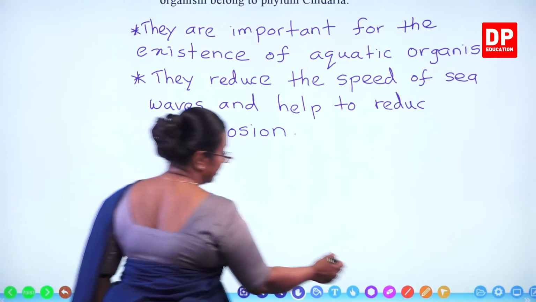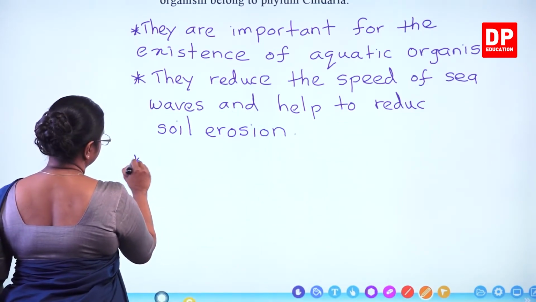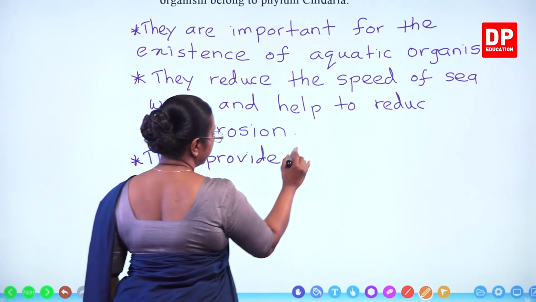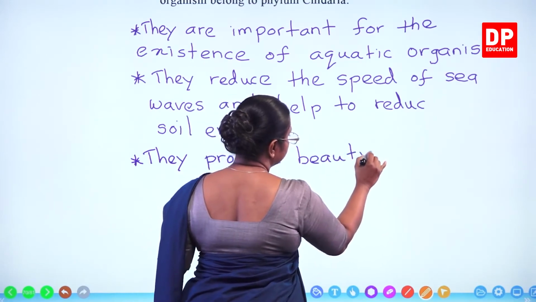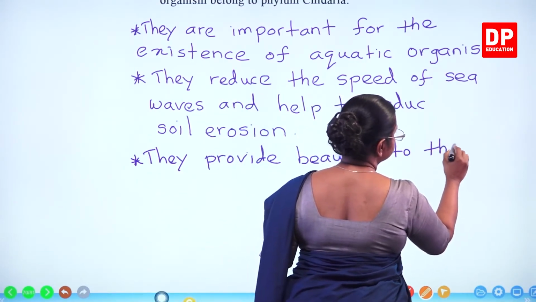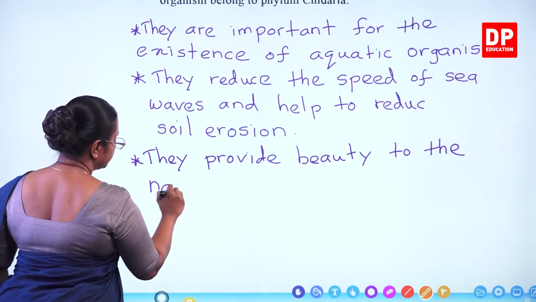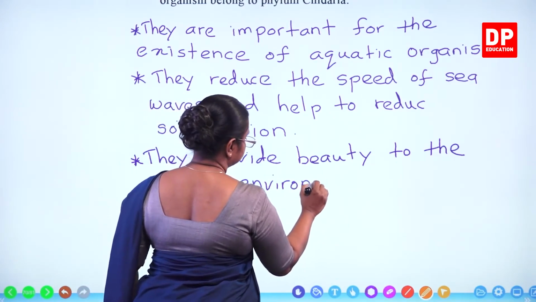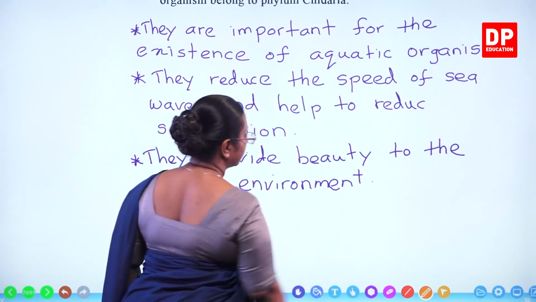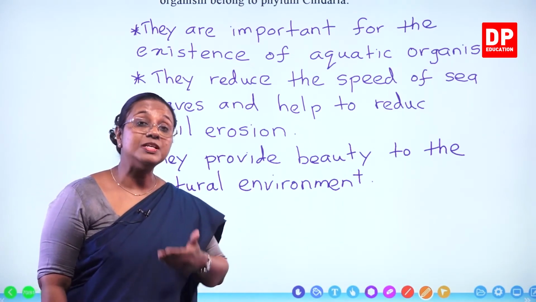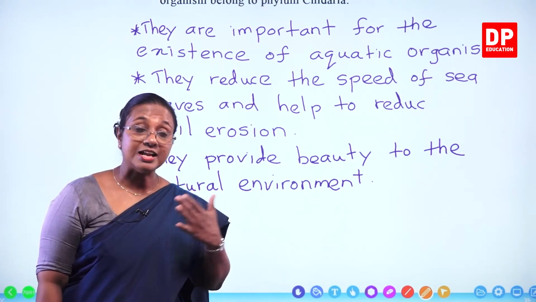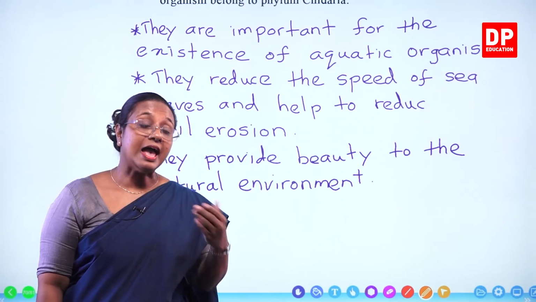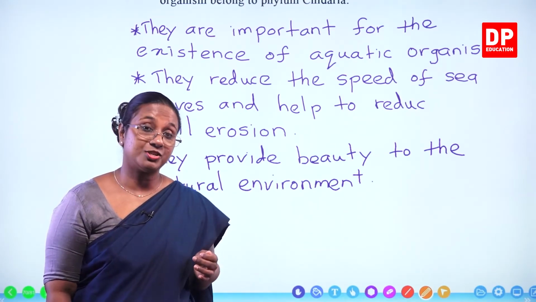So here we can say they provide beauty to the natural environment. Because of that, it actually helps the tourism industry also. So that's an advantage for us as well. The beauty of it, we can admire, and it also becomes a tourist attraction.